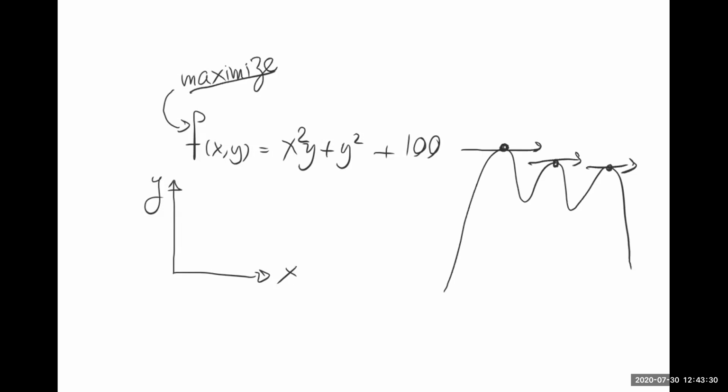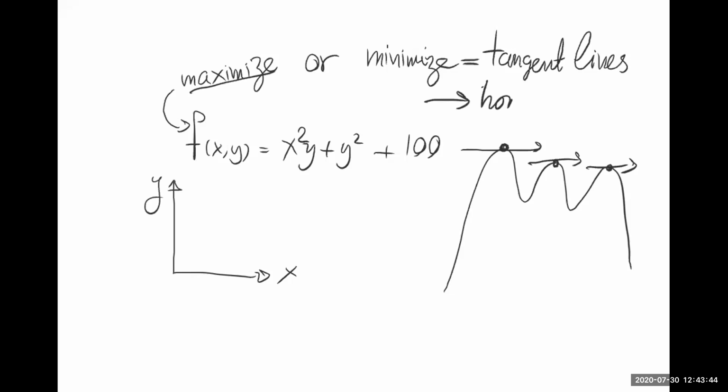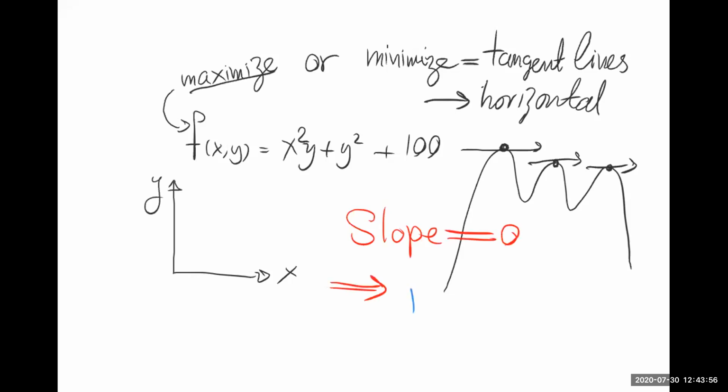So if you maximize, or if you want to minimize, the important point is that tangent lines at those points are horizontal. What is the slope of horizontal lines? The slope, yes, is 0. Therefore, all the partial derivatives should be 0.